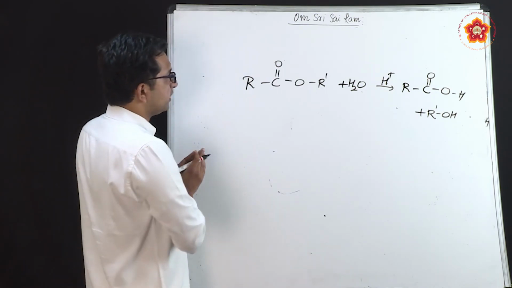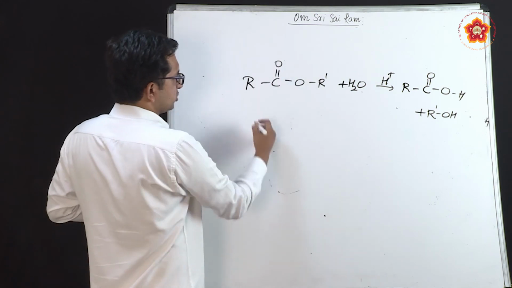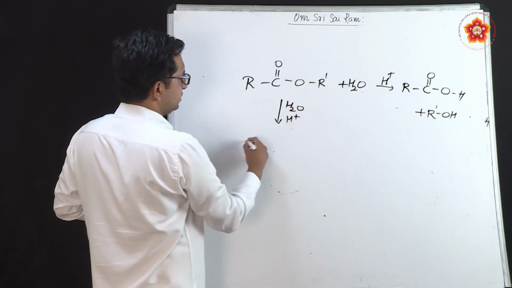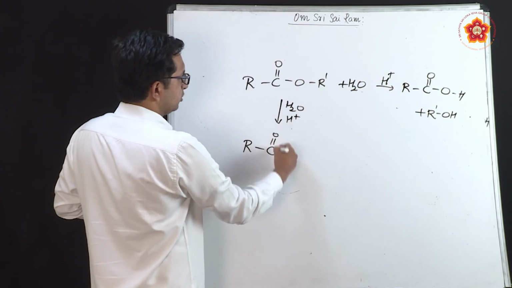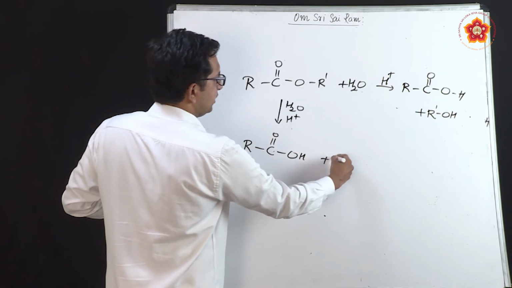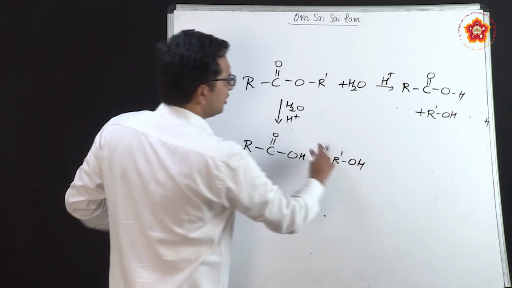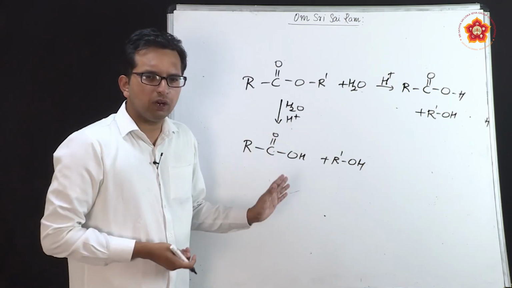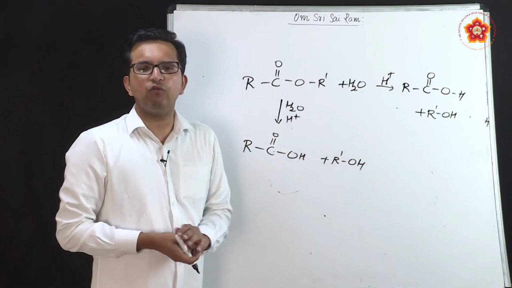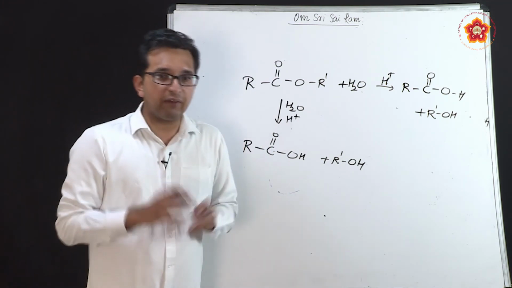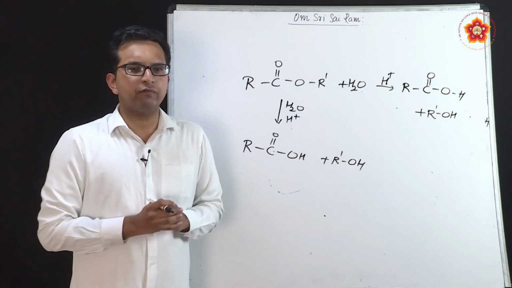Suppose this was the part which was cut, in the presence of H2O and H plus, I could have it as RCOOH, and if this side is the cutting, OH will come here, R dash OH. Basically either way it cuts, the formation is 1 mole of carboxylic acid and 1 mole of alcohol. The problem is, the moment we go into examples, can we get a specific cutting which is possible?